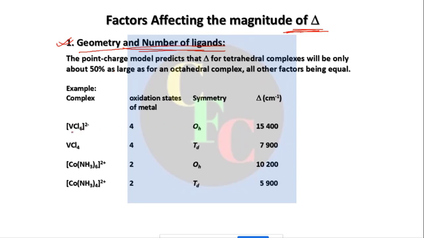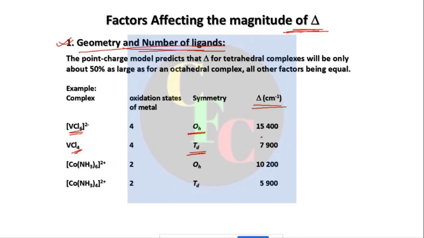Having the same ligand and the same metal ion in the same oxidation state, only the geometry is different. This is octahedral, 6 ligands; this is tetrahedral, 4 ligands. These are the group theoretical symbols of symmetry: Oh stands for octahedral, Td is for tetrahedral. The splittings are given in centimeter inverse, which is also a unit of energy, wave numbers.